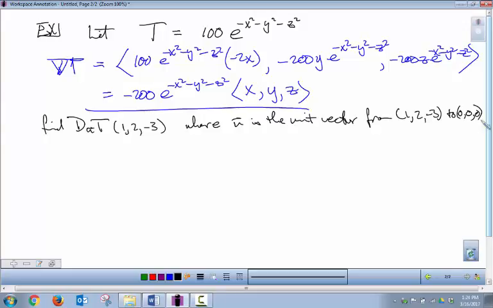Now, if I connect this in three-dimensional space, this is probably not going to be a unit vector, so it'll be my task to make it into a unit vector.